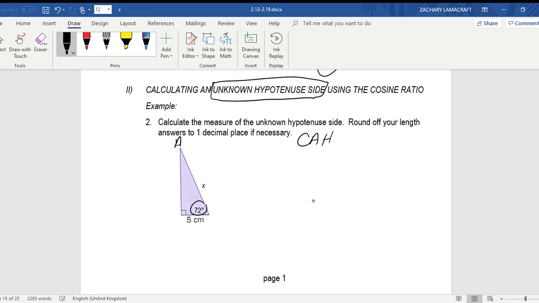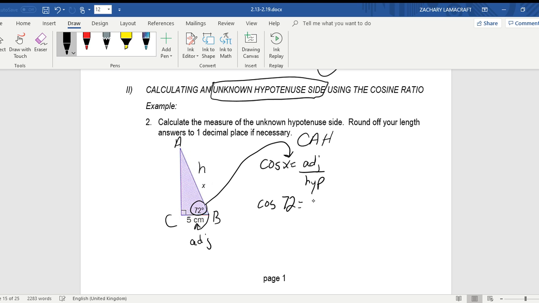And in this case, if we have triangle ABC, 72 is angle B, okay, just so we're familiar with that. So it'd be cos x is equal to the adjacent side over hypotenuse. And in this case, it would be cos 72 is equal to the adjacent side here, because it's right near our angle in question, and we know this one's our hypotenuse. So it would be adjacent, which is 5, over x.